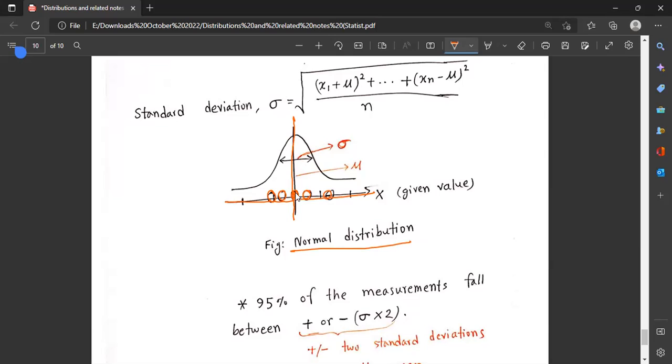Most of the numbers are here in this part, and this data is far. So all the data are going to be placed this way, right? So this is the mean, and we can also represent it as mu. And what is a standard deviation? Standard deviation is sigma.